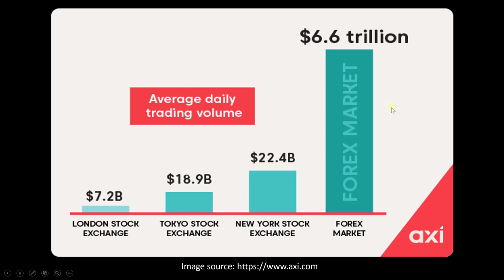So we see that the forex market is the largest here. That is the average trading volume, 6.6 trillion per day. Even if we combined all of these, they still cannot reach the forex market.